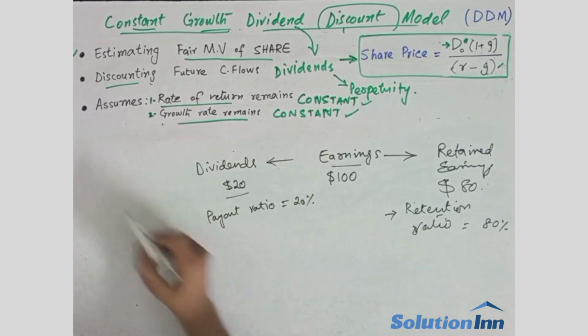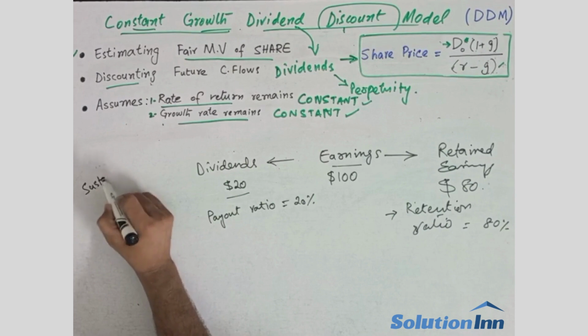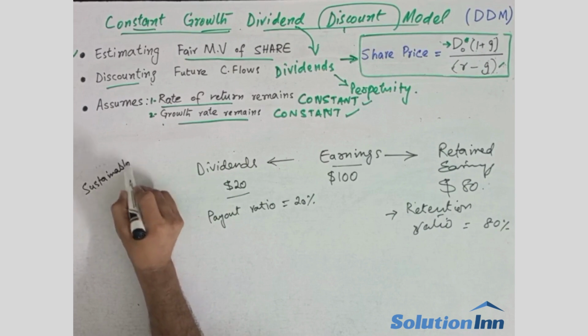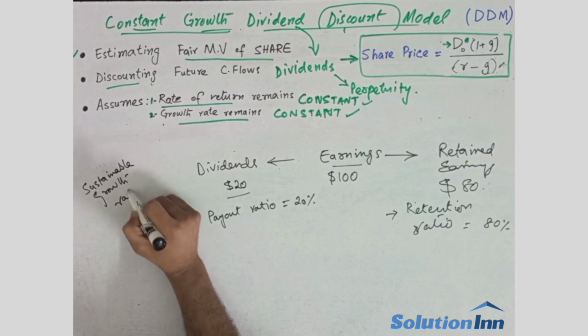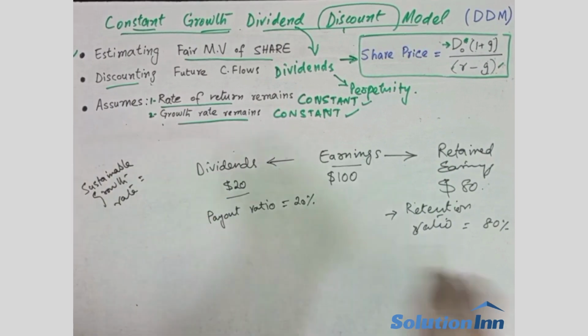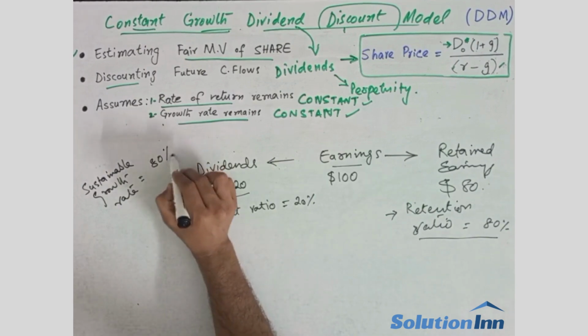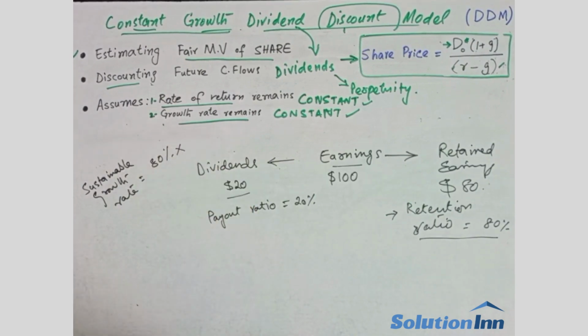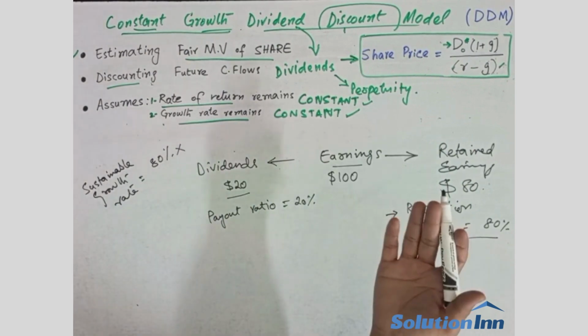Now if we want to reach a sustainable growth rate, we'll have to multiply this 80% by the rate of return that the company is earning.